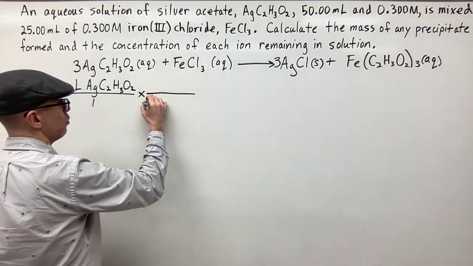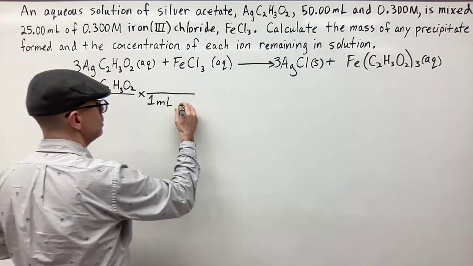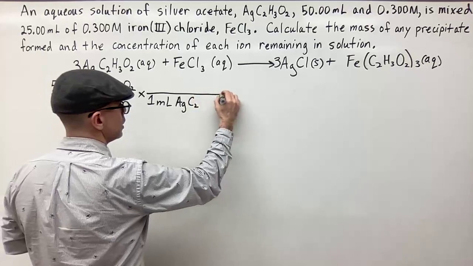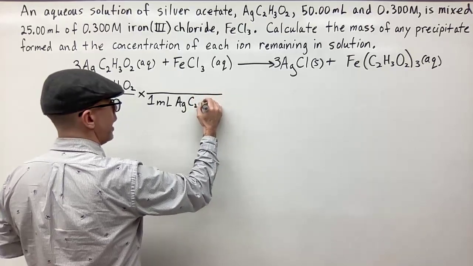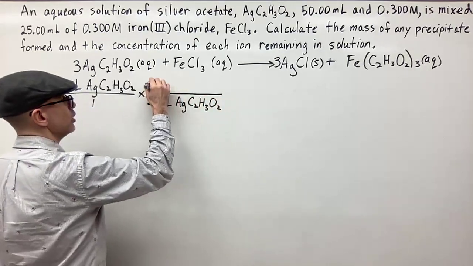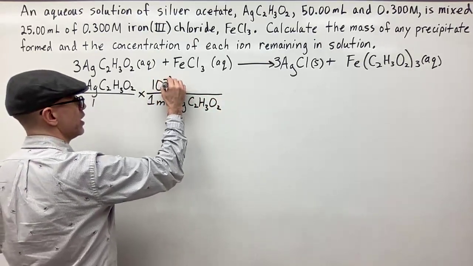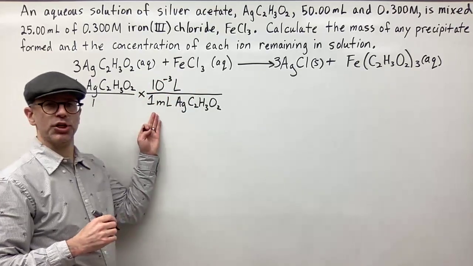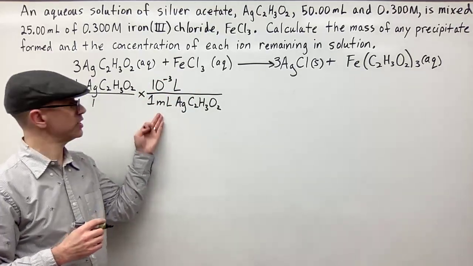So I know that 1 milliliter of the silver acetate is equal to 10 to the negative 3, or 1/1000th of a liter. Again, you could use 1,000 milliliters is equal to 1 liter.